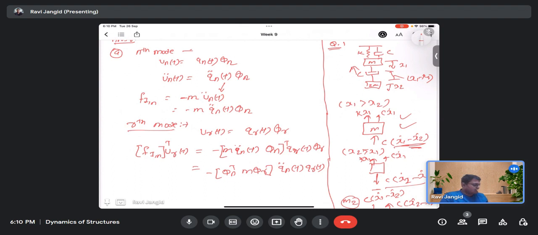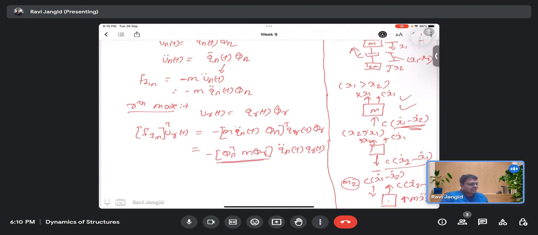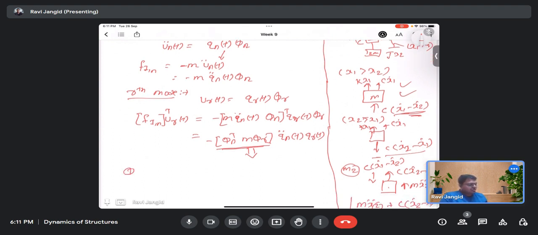So what would this be? Because my nth and rth modes are different, due to orthogonality, what will this be? Can you tell me? If you go through the orthogonality conditions, phi 1 transpose times phi 2 would be 0.